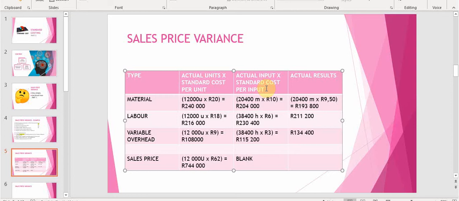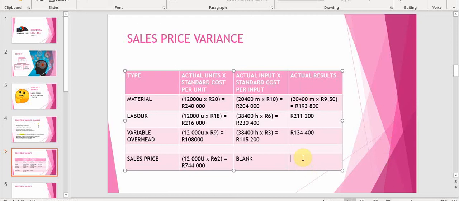You don't sell meters of wood, you don't sell the labor hours, you don't sell the machine hours, you sell a complete product. So inputs are simply used to make a complete product, and then that complete product is sold. So therefore, because of inputs not being sold, we don't sell the meters of wood, no, we sell a complete table. For this reason, we don't use it as sales price because actual inputs are not disposable.